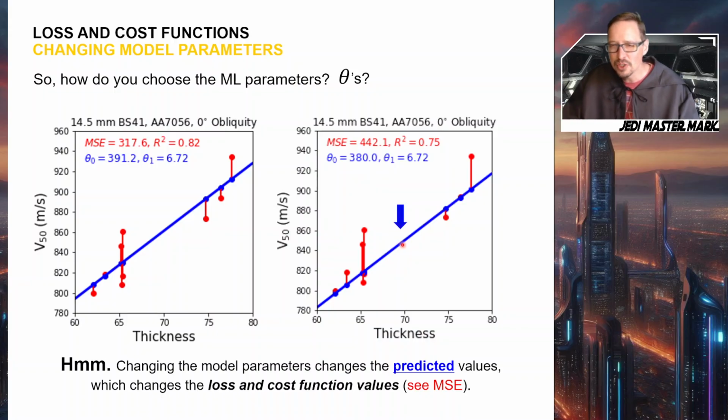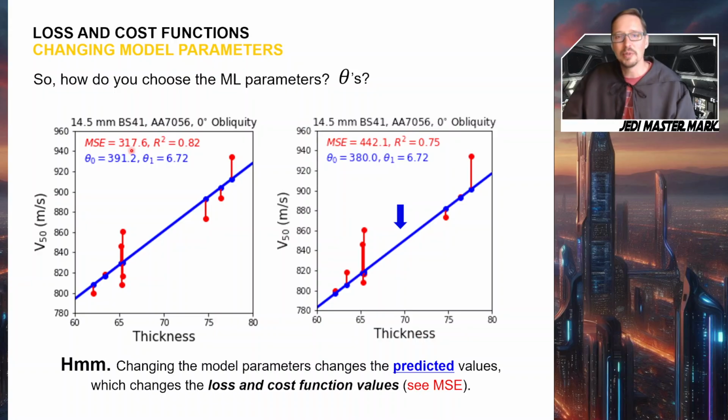You can visually see that a lot of these lines got much longer, which indicates that, again, the predicted values are far away from what the actual values are. Because these are large values now and you're squaring them, your mean squared error actually shows as higher. So you see that's 442 over here versus 317.